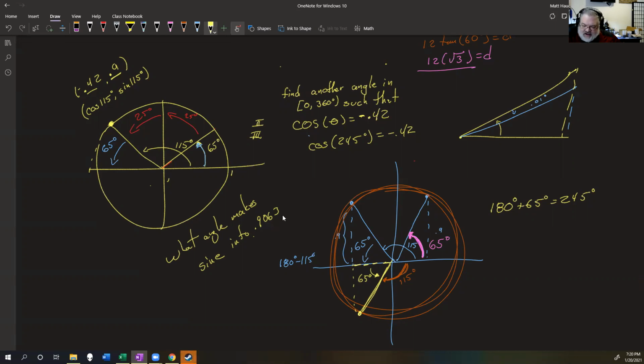Well, how many angles are going to have that value? Well, anything coterminal to 65 and anything coterminal to 115. That's a lot of different angles, right? Couldn't it only be the 2 since it's positive? And anything coterminal to it. So technically, 360 plus 65, so 425 degrees.